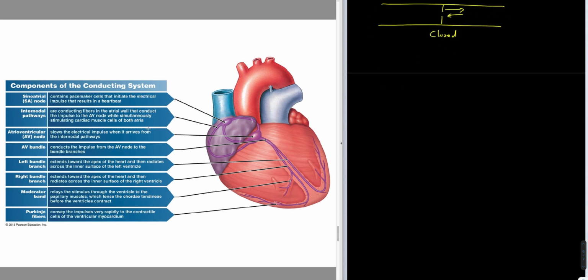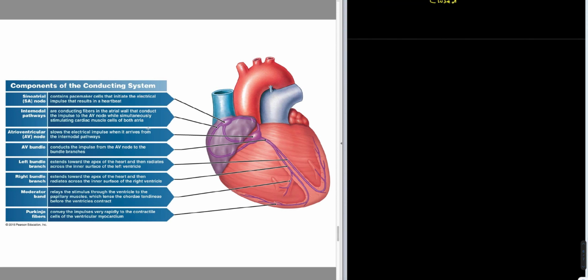Now, the cardiac muscle is considered involuntary, but we have some pacemaker cells called nodal cells. And they set the contraction pace. That's why they're called pacemaker cells.